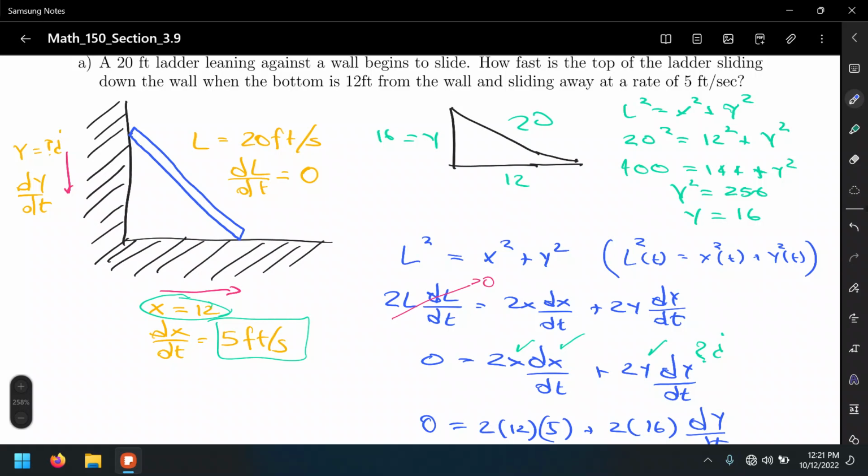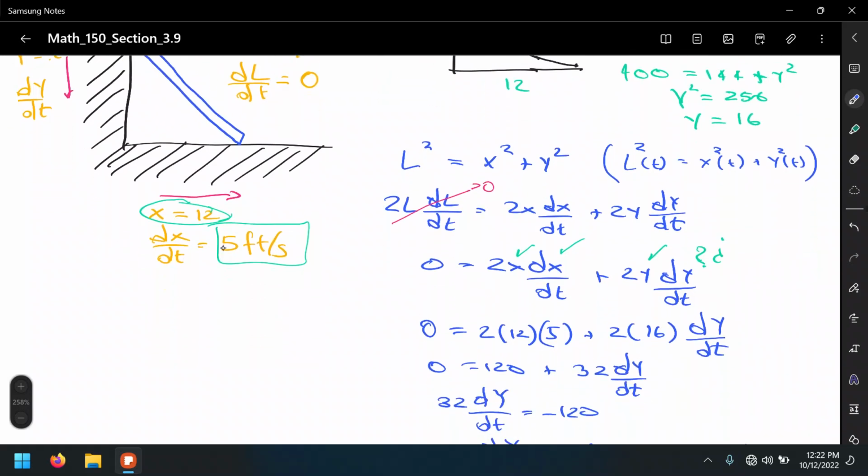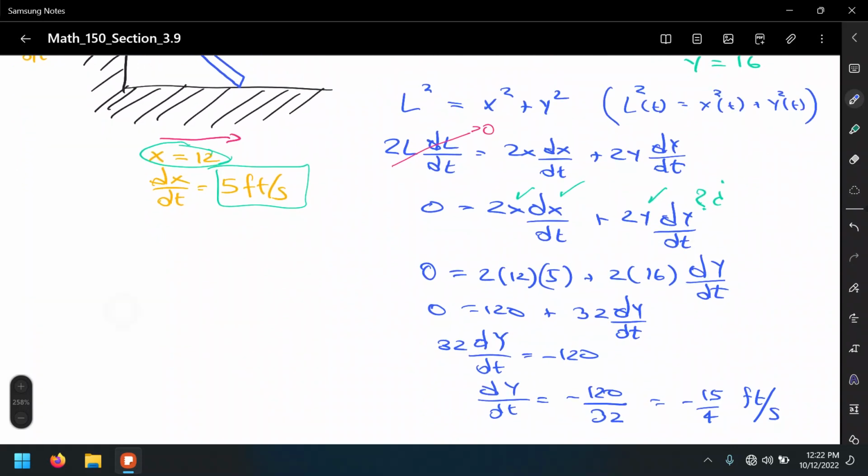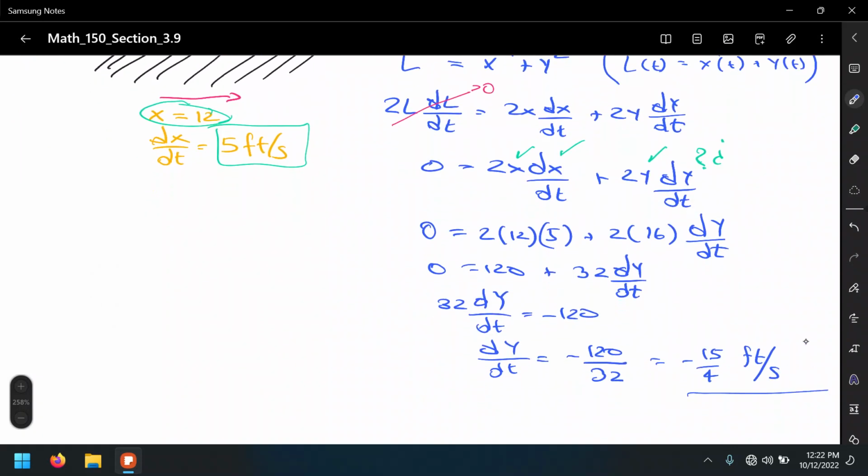If otherwise we were given the rate at which it's going down, we would have been asked for dx/dt, and since that's sliding away, that's an increasing distance away from the wall, and in that situation we would have obtained a positive result. And in fact, we were given a positive result to begin with. All right, so that's another example in related rates.